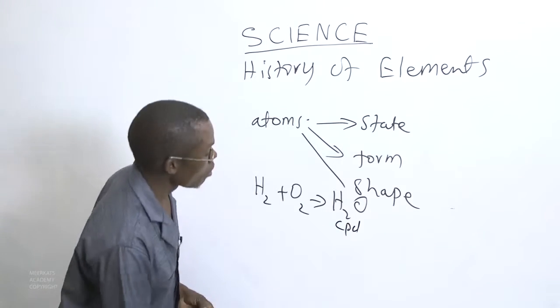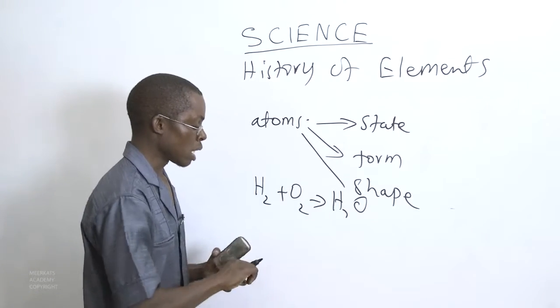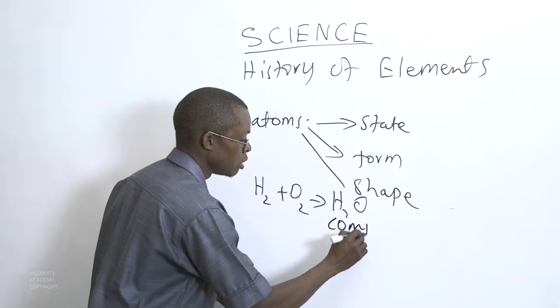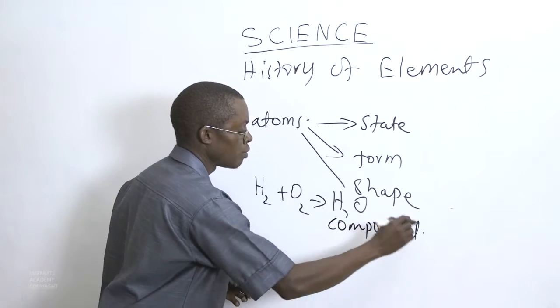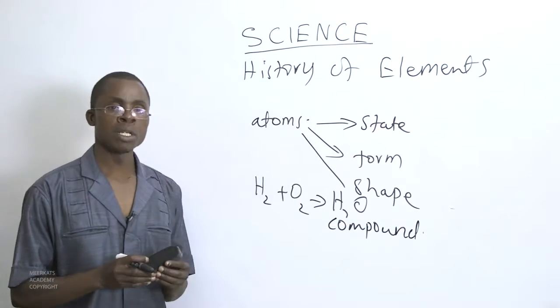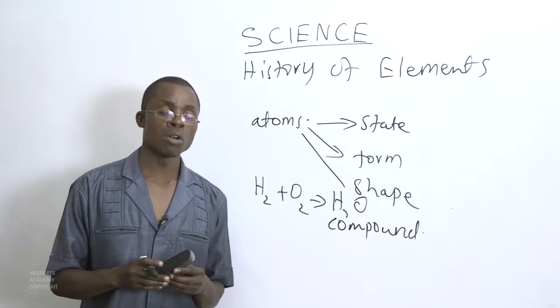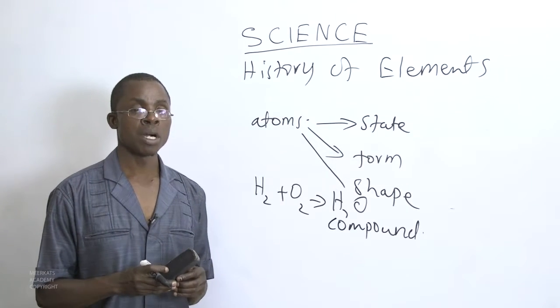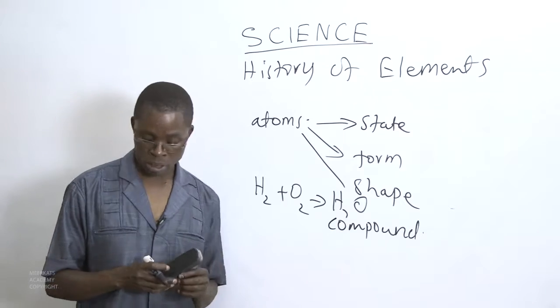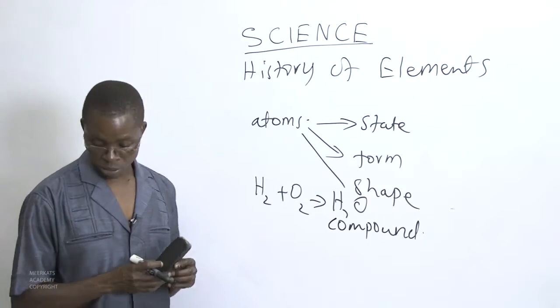So in formation of this compound, it is agreeing with what John Dalton said, that compounds are formed by combination of small particles that are found in matter, and the small particles are atoms.